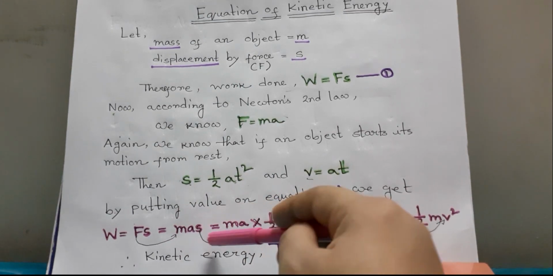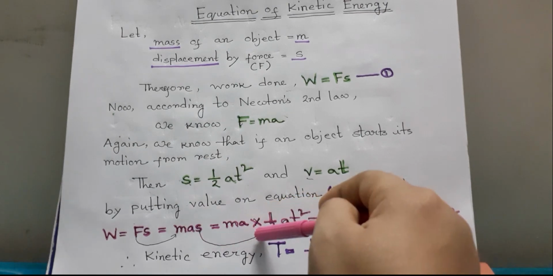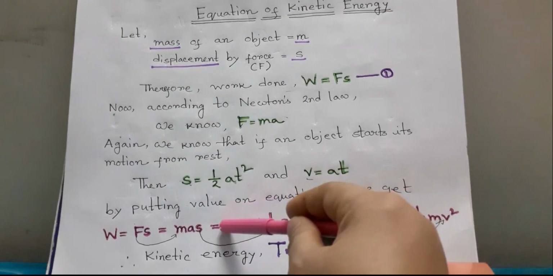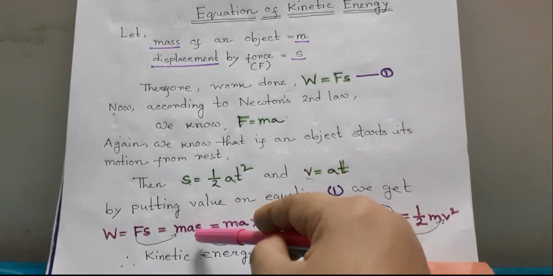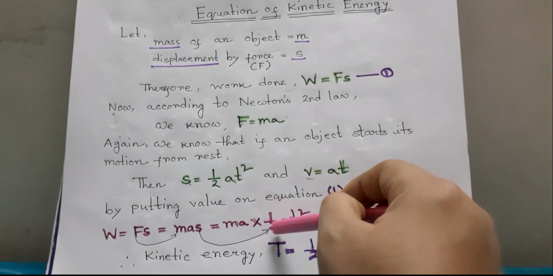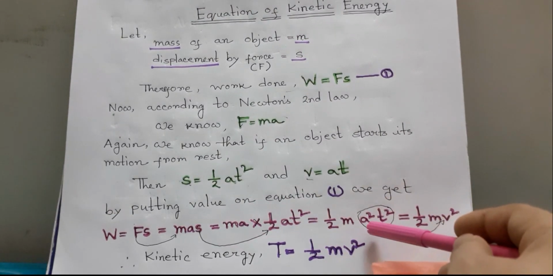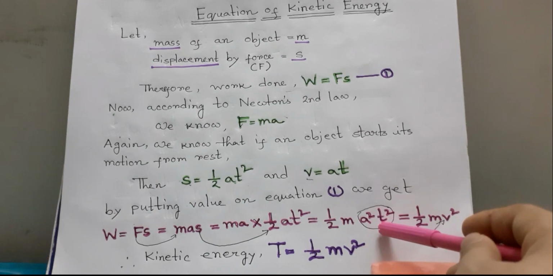And now we have S equals half at square. In this situation, we replace S by half at square. Then I am just multiplying it, half m a square t square.